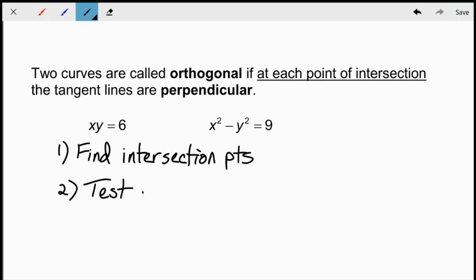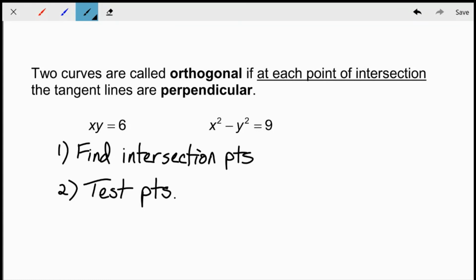Now in this case, we have one that's a little bit easier because you'll see when we take the derivatives, the intersection points aren't actually going to matter. But if you are ever asked whether or not two curves are orthogonal, this is what we should technically do. We should find the intersection points, and then test the slopes at those points and make sure that they're perpendicular.